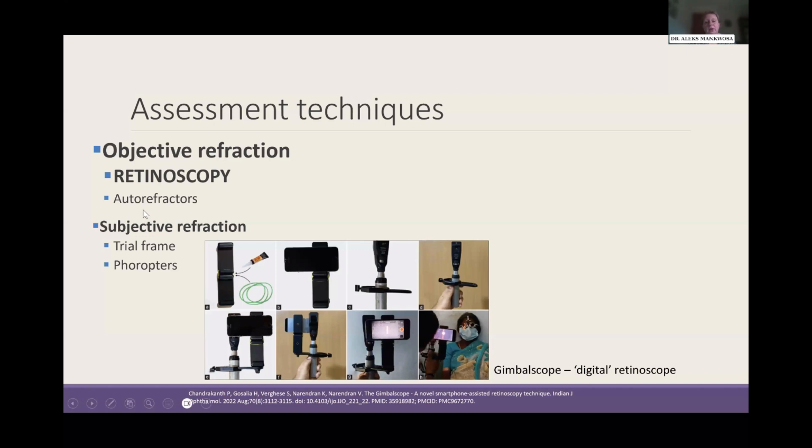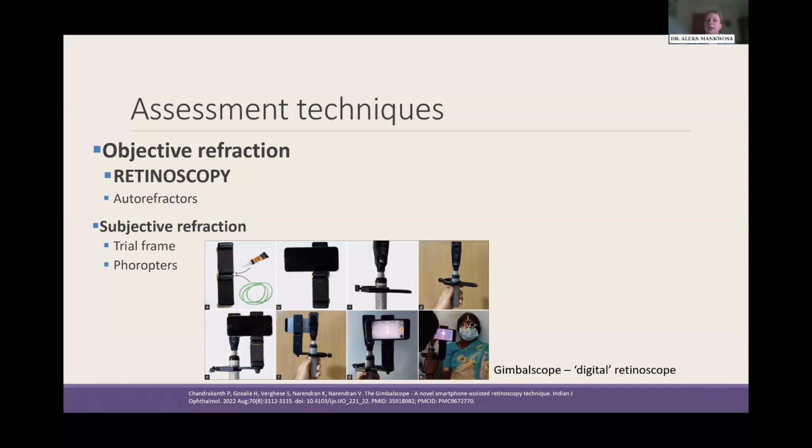We have probably become more reliant on autorefractors because they allow us to increase the throughput of our patients. And we know that autorefractors have become more accurate in terms of providing us with a good estimation of refractive error. But I think that using our own skill should be the final arbiter of a patient's refraction.